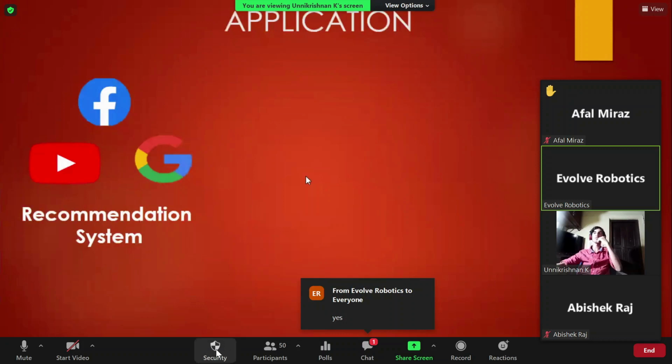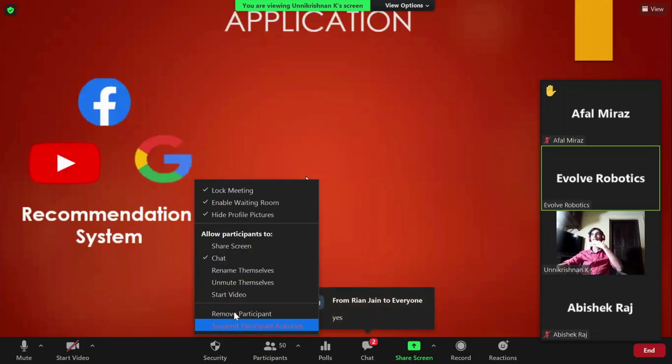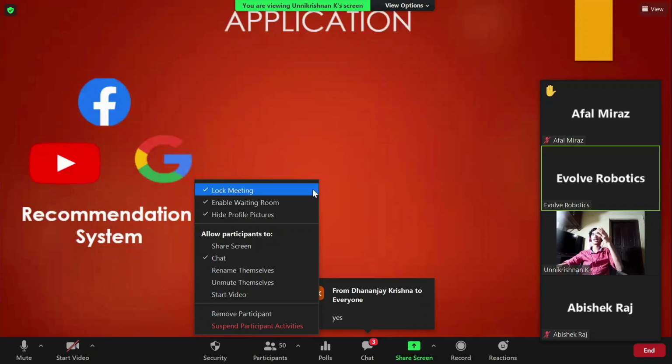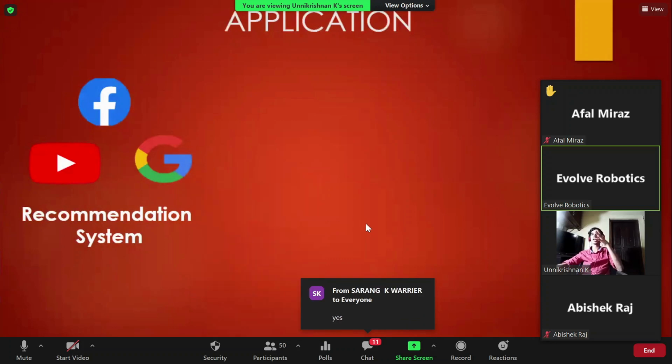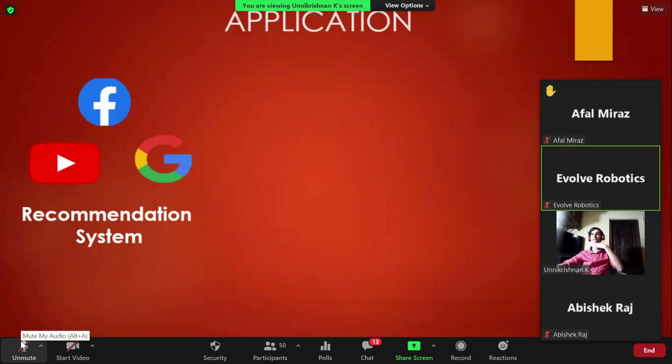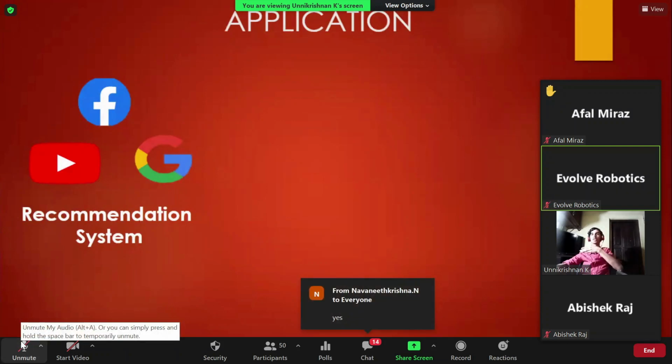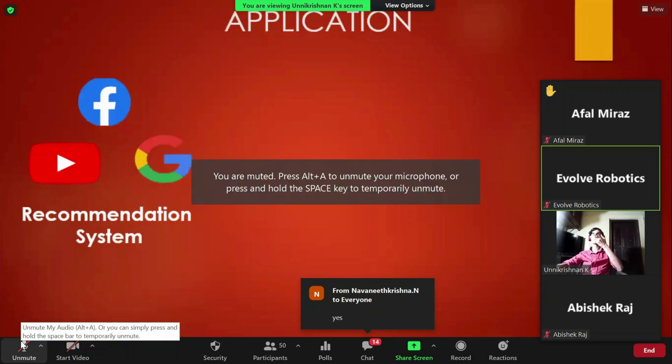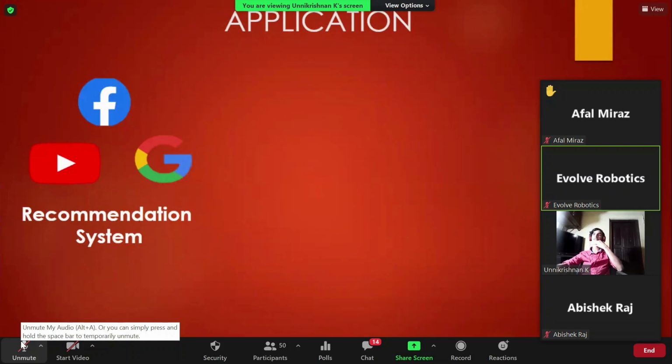So now we'll discuss some of the applications of data science. One application we discussed earlier was in YouTube. And the same system, the recommendation system, is also used in other social media such as Facebook and Google, and other e-commerce websites such as Amazon and Flipkart also make use of this. In Facebook, you might have seen that you get many friend suggestions that you might know.